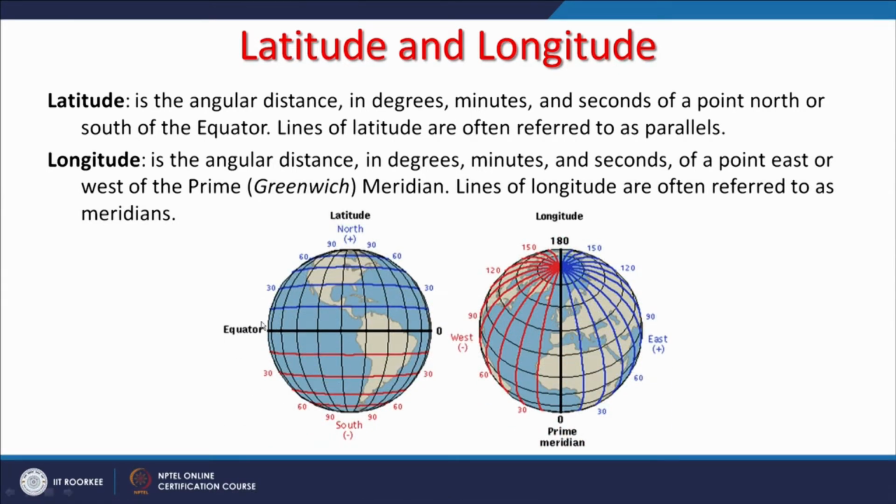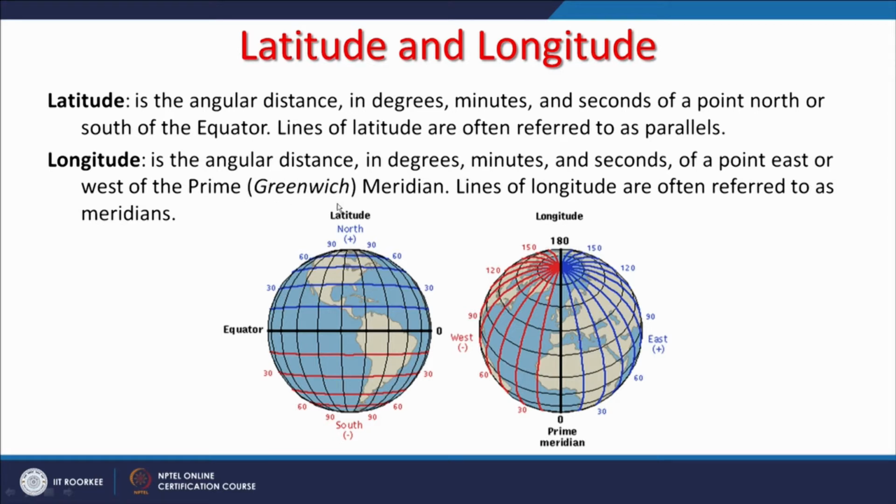In this figure you can see the latitudes shown as horizontal lines, and the equator is in the middle of the earth. These are all imaginary lines except the 0-degree longitude, which has been marked at the observatory in Greenwich near London.